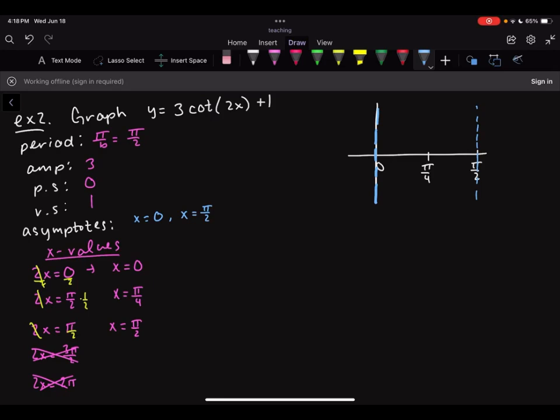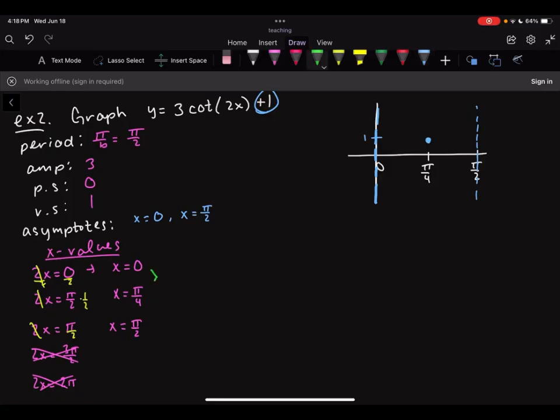And I know my middle point is going to be at pi over 4. Now we have a vertical shift, so that means it's going to go up by 1. But I need 2 more points to be able to really draw out my whole graph.